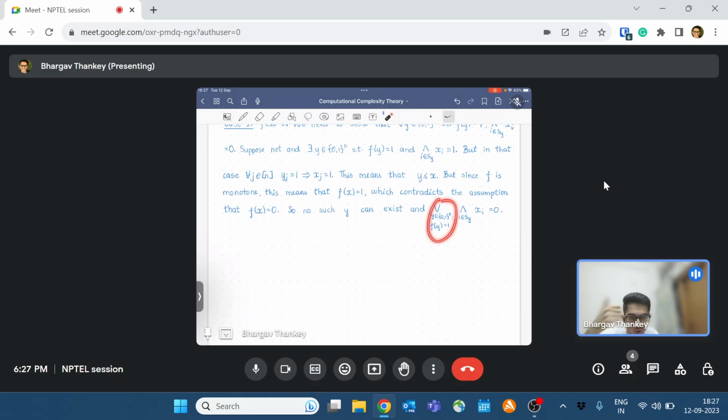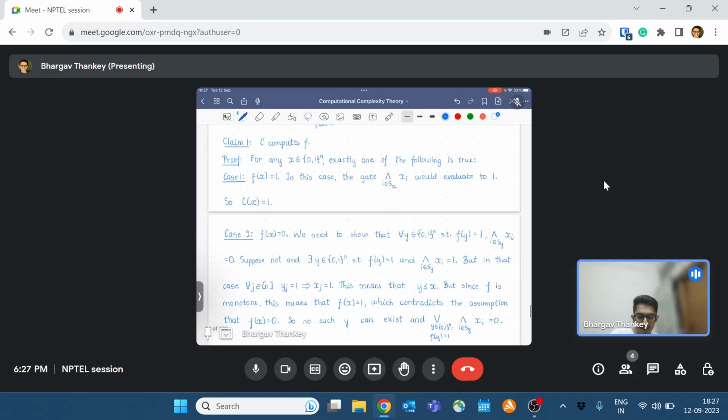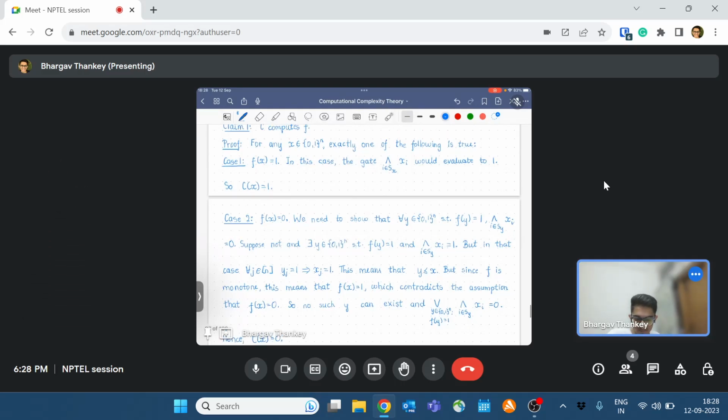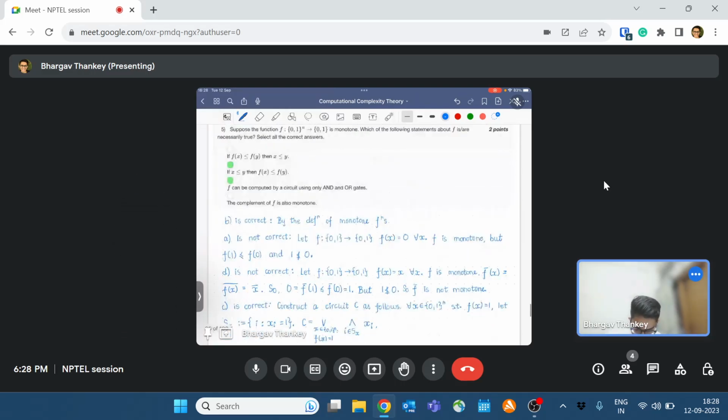So that OR is also going to be 0. And hence C(x) is also 0. So in the first case, C(x) and f(x) are both 1. In the second case, C(x) and f(x) are both 0. So C exactly computes f. Is this fine? And yeah, so we have taken care of all the options.